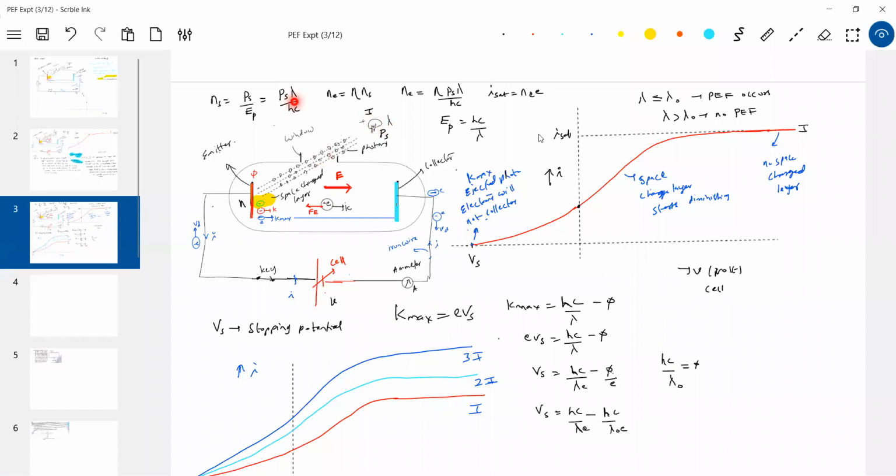Here, the number of photons emitted by the source depends on the energy of the photon. Now, if I decrease the wavelength, the energy of the photon will increase, so the number of photons should decrease. Is it like that?